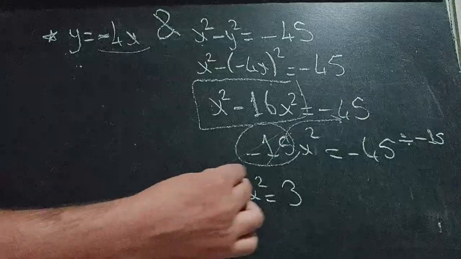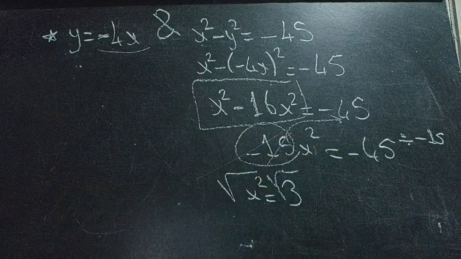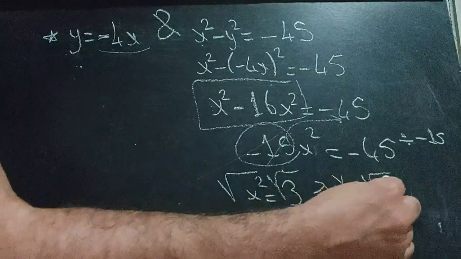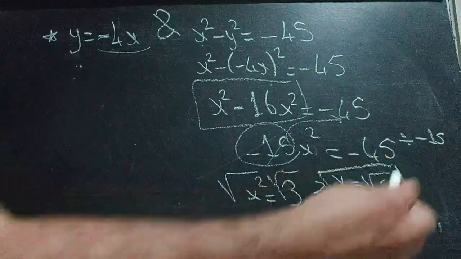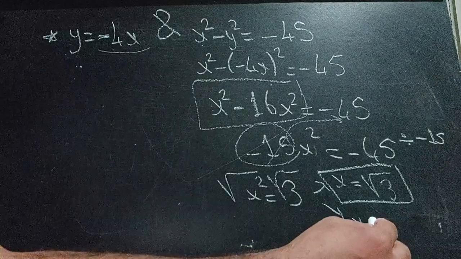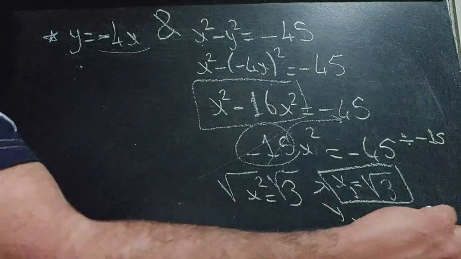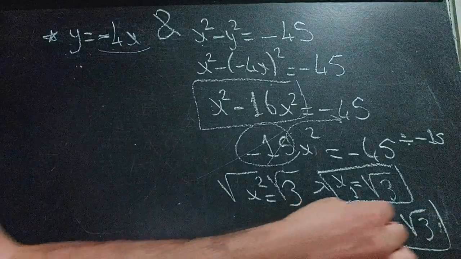So take the square root of both sides. x will have there positive square root 3, and x will have there negative square root 3.